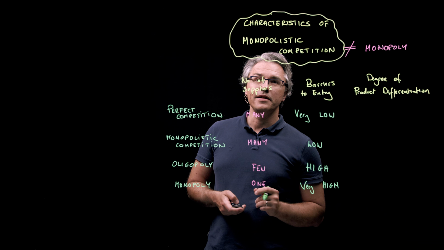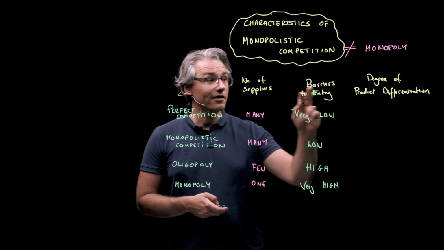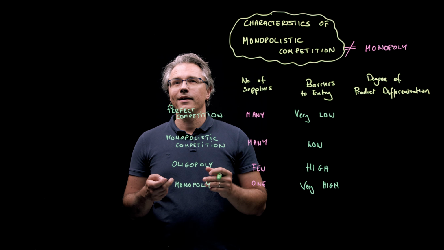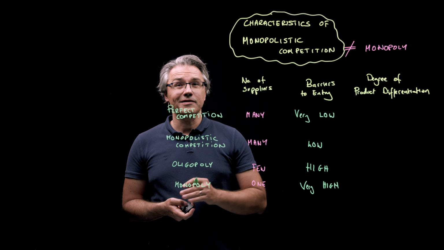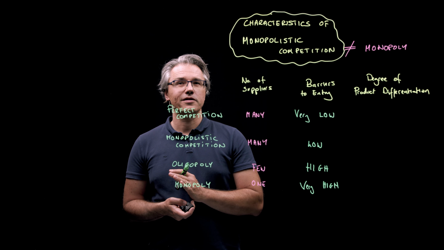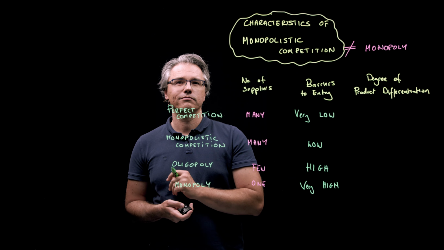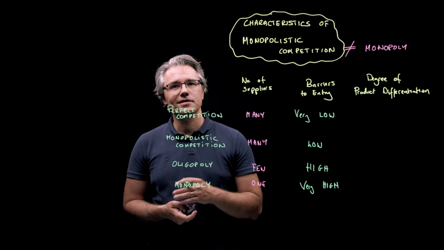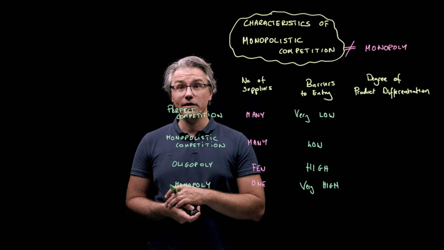So this is going to be our third dimension, degree of product differentiation. And let us also just add that each one of these many suppliers is so small that none of them can individually exert any realistic influence on the level of prices.